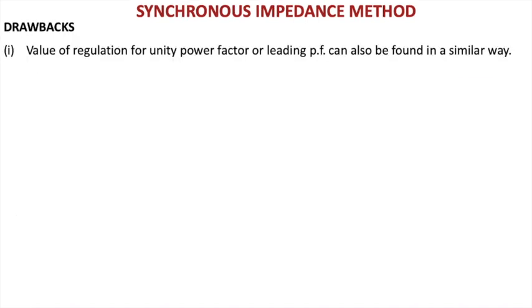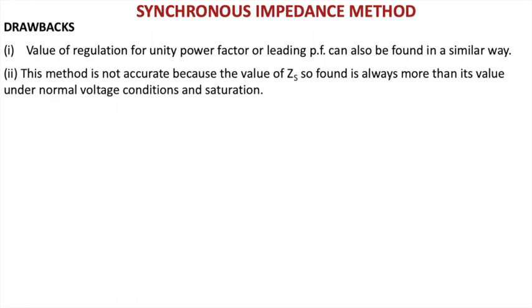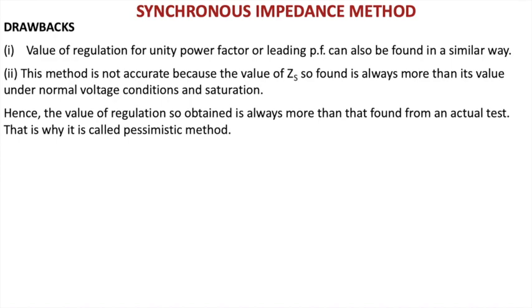Now the drawback of this method: the value of regulation for unity power factor or leading power factor can also be found in a similar way, but this method is not accurate because the value of ZS so found is always more than the value under normal voltage conditions and saturation. Hence the value of regulation so obtained is always more than the actual test, and hence it is known as the pessimistic method.